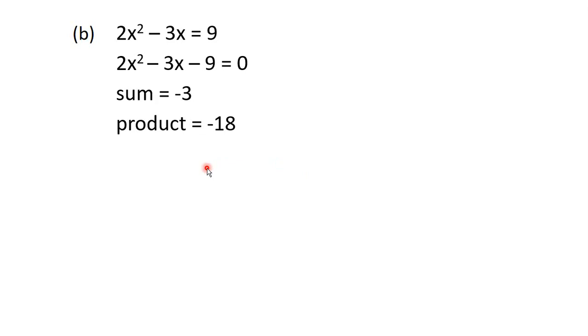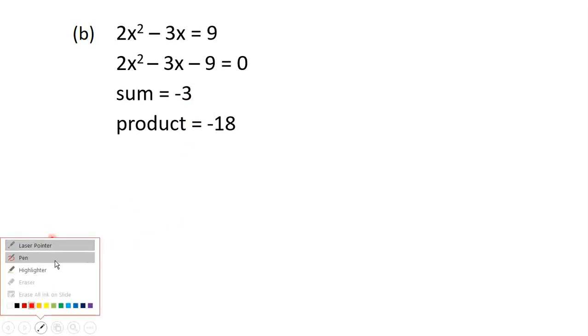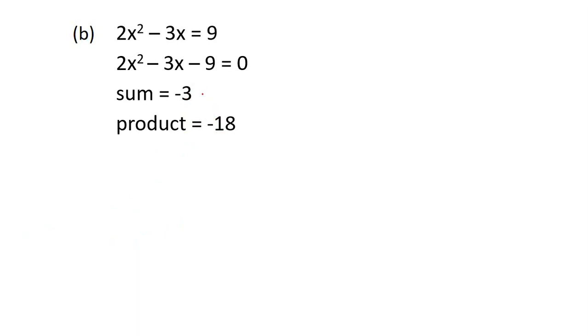Negative 18. So that means that the sum will be negative 3, we shall have negative 6 plus 3. So if you have negative 6 plus 3 here, this is the same as 3 plus negative 6, the same.